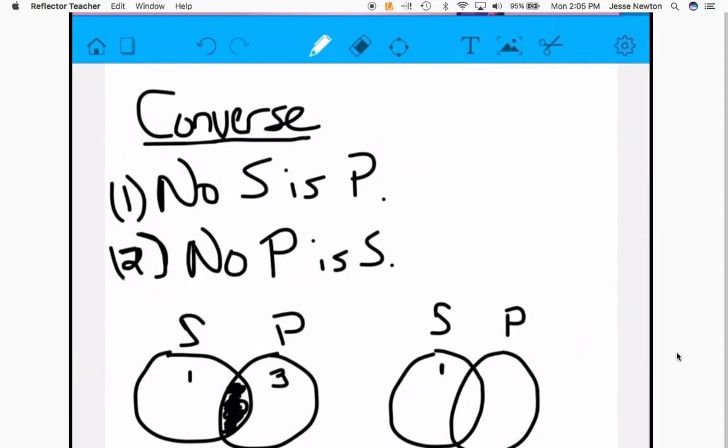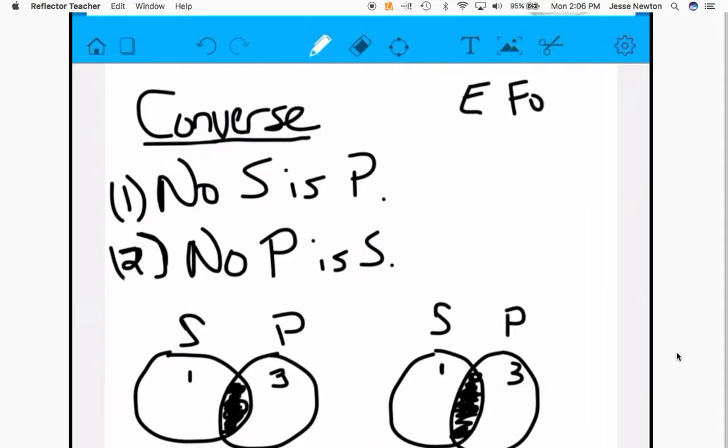1, 2, 3. And we say no P is S. Well, what are we saying here? We're saying that nothing exists where these two intersect. So we're saying this right here. And so when it comes to an E-form proposition, the answer is yes.